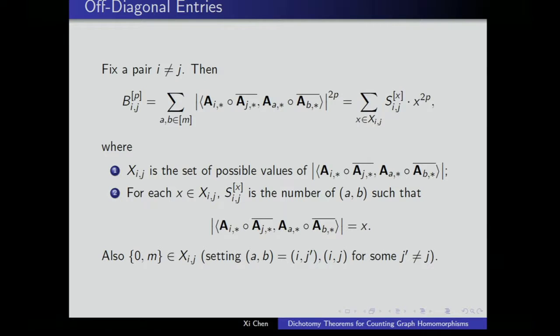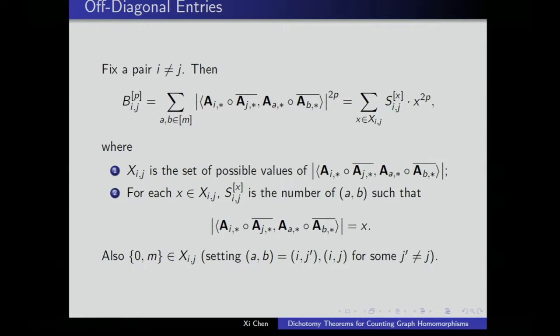And for each possible value in X sub ij, S sub ij bracket X tells us the number of pairs AB such that this is equal to X. Now once we have this notation, we can rewrite this sum as the sum over X in X sub ij of S sub ij bracket X times X to the 2p. Just plug in the notation here.